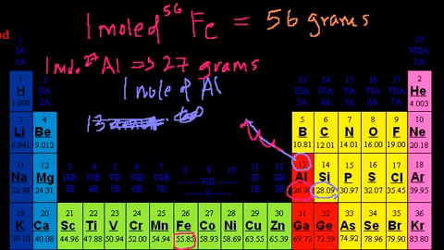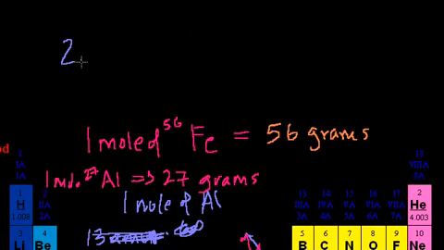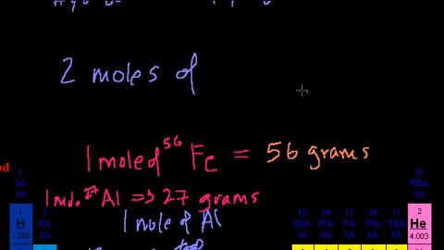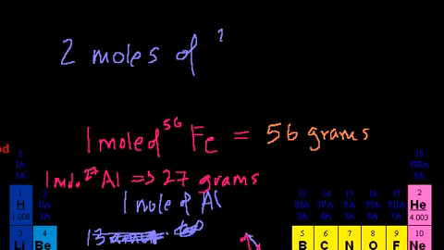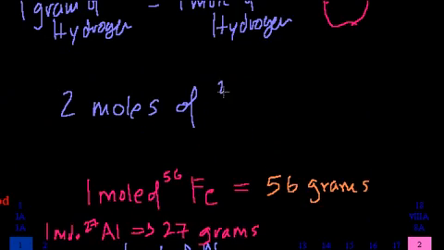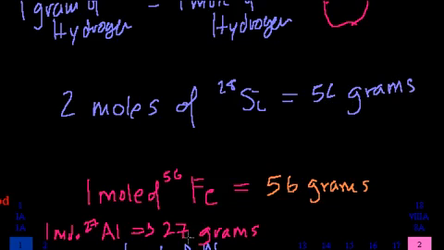What about 2 moles of silicon? 2 moles of silicon, and I'll write its mass number. Let's say silicon has a mass number of 28. Well, 1 mole would have a mass of 28 grams, so 2 moles is going to have a mass of 56 grams.